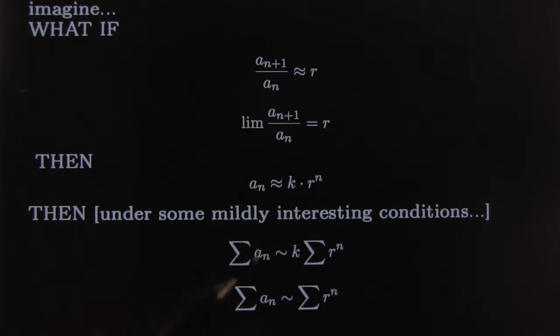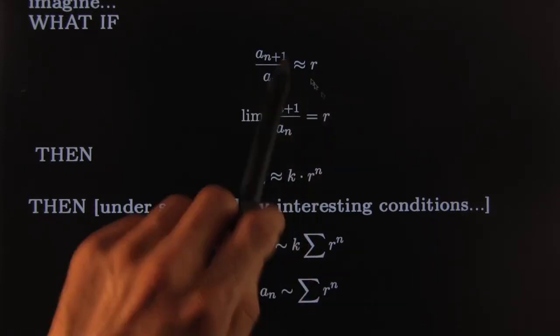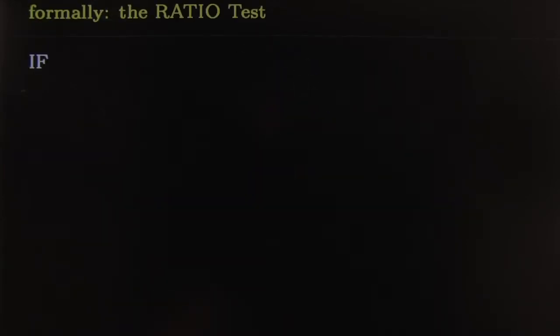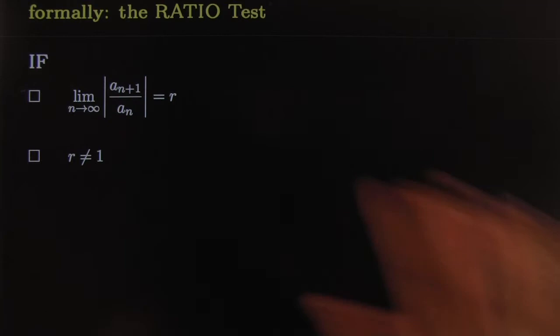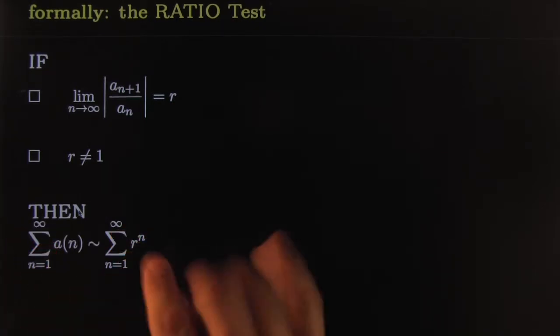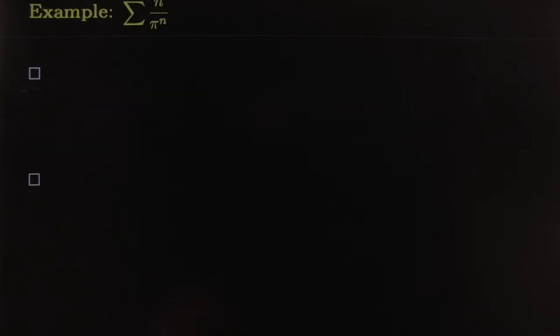So the original series would be similar to the geometric version of it, where r is the limit that you got from the ratio. All right, talk is cheap. Let's do it. Formally, you need absolute values. Look at this ratio. If it's equal to r, and of course r is not equal to 1, we talked about this in the last video, then the series behaves like a geometric series. Those are your tests.